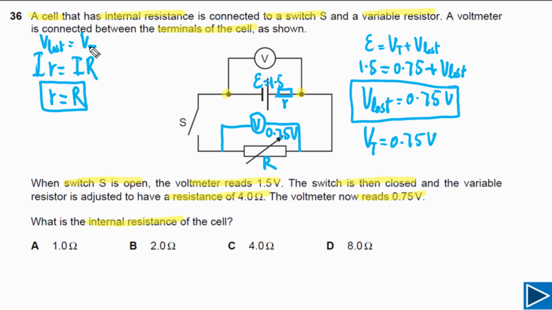So the internal resistance will be equal to 4 ohms, because capital R is equal to 4 ohms.